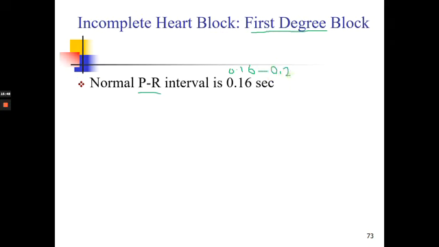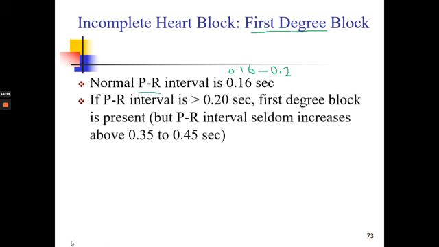So the first thing for the first degree is the PR interval more than 0.2, but each P is followed by QRS.